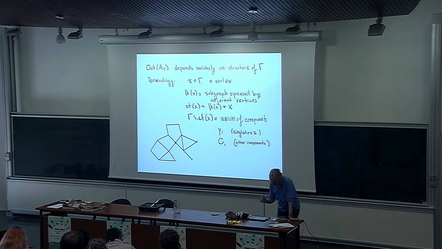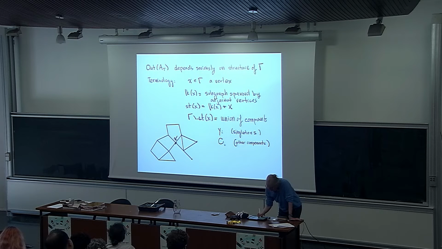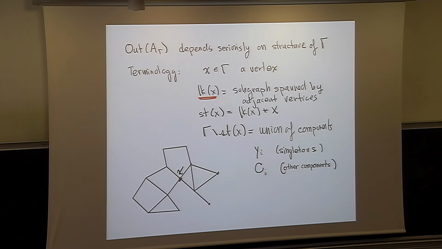Well, here's some terminology. If I start with a vertex X, then the link of X is going to be the subgraph spanned by all of the adjacent vertices. So if that's my X, then these guys are adjacent. And that's the link, the red stuff.